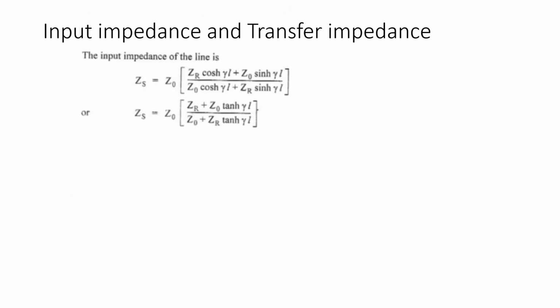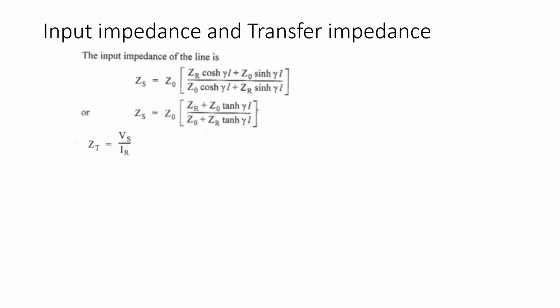Here we will derive the input impedance and transfer impedance of a transmission line. The input impedance of the line, as we already derived, is Z is equal to Z0 into (ZR cosh gamma L plus Z0 sinh gamma L) by (Z0 cosh gamma L plus ZR sinh gamma L).